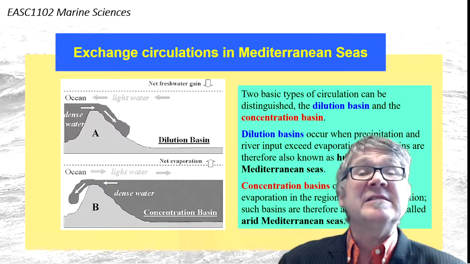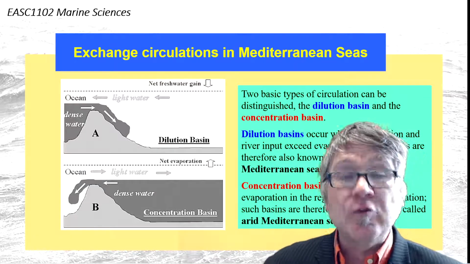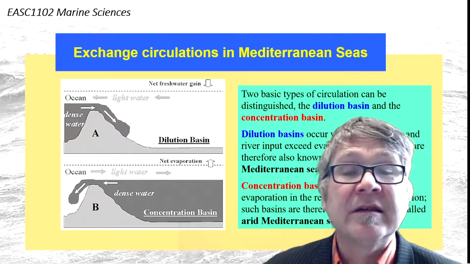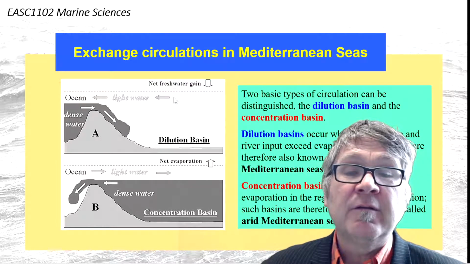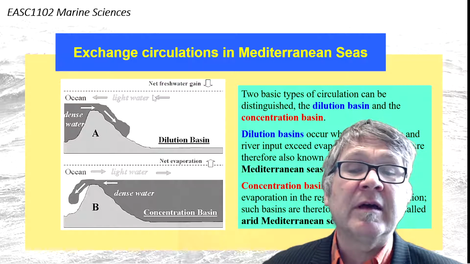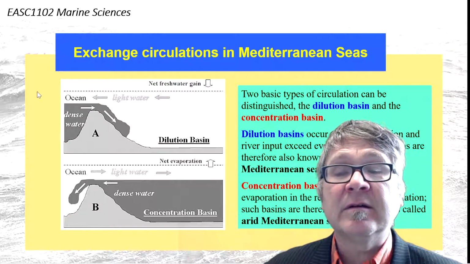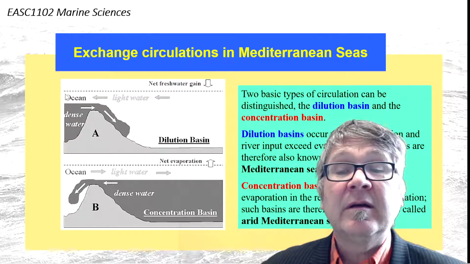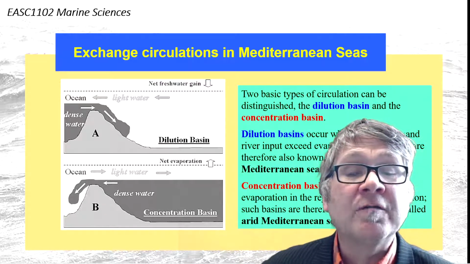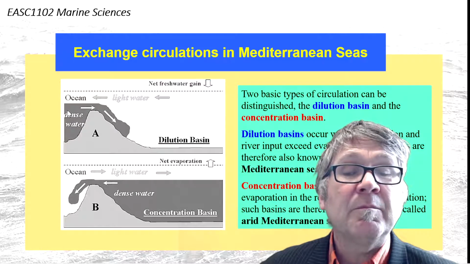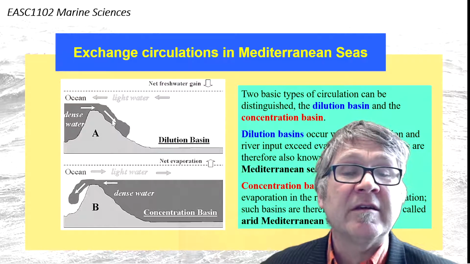So what this does is lead to a dilution, a lower salinity water, and you have a light water flowing into the ocean in a surface layer. And this can induce a return flow of seawater back into the Mediterranean Sea.